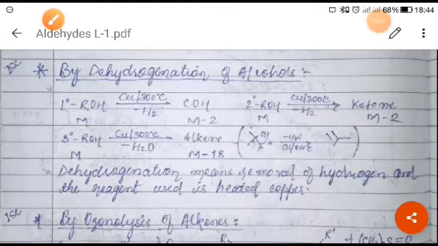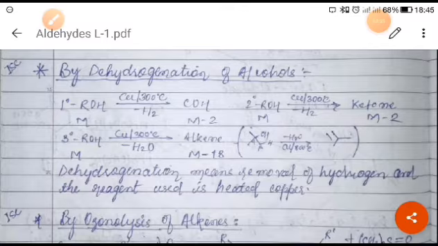Aldehyde and ketone can be prepared by dehydrogenation of alcohol, and it is carried out by passing a vapor of alcohol over a reduced copper at around 300 degrees Celsius or 573 Kelvin. What will happen at that time? Primary alcohol will give aldehyde and secondary alcohol will give ketones.